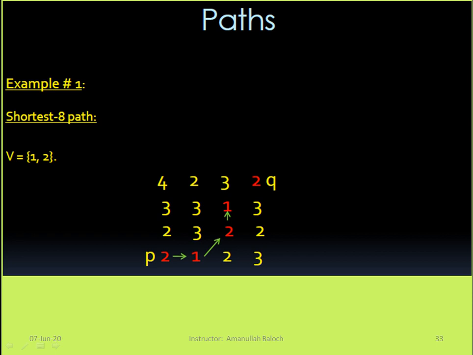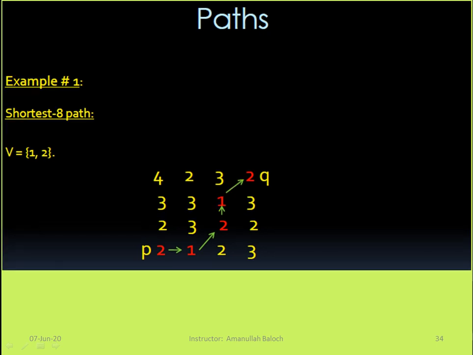These three pixels cannot be considered because their gray value does not belong to this V, while the gray value of this pixel and this pixel belongs to set V. So we have to move towards Q, so we will consider this pixel as a neighboring pixel, and we will see the adjacency. Adjacency exists. This is N8 of P, and also the gray value belongs to V, so path exists, and the shortest path is 1, distance 2, 3 and 4. It is called shortest 8 path, equal to a distance of 4 pixels.